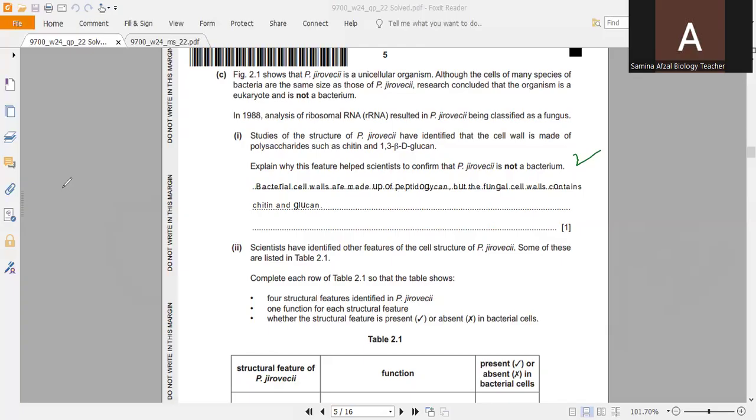Bacteria don't have chitin in their cell walls. 1,3-beta-D-glucan is a polysaccharide commonly found in the cell walls of fungi but not in bacteria. Peptidoglycan, made up of sugars and amino acids, is a primary component of the bacterial cell wall. Fungi do not have peptidoglycan. So bacterial cell walls are made up of peptidoglycan, but fungal cell walls contain chitin and glucan. They are different from one another.